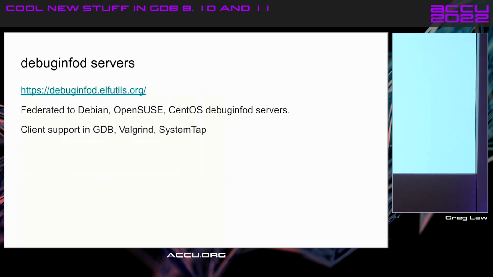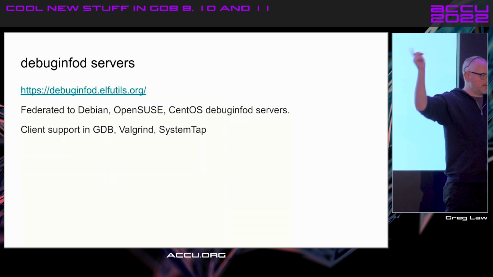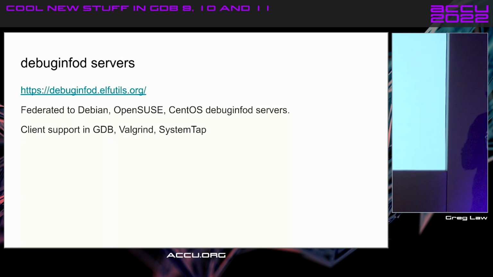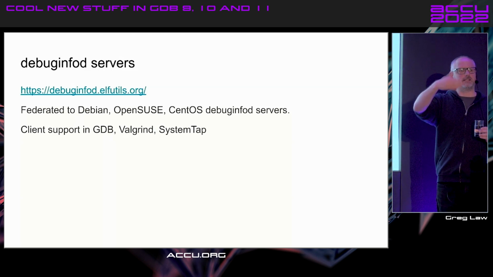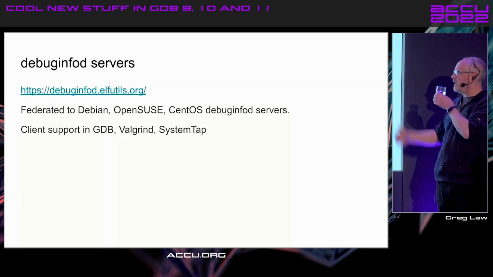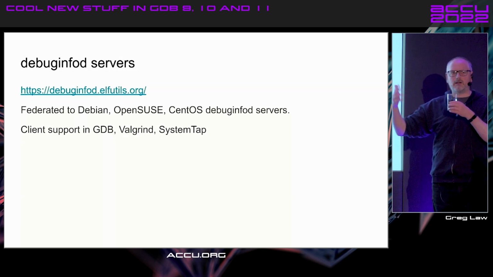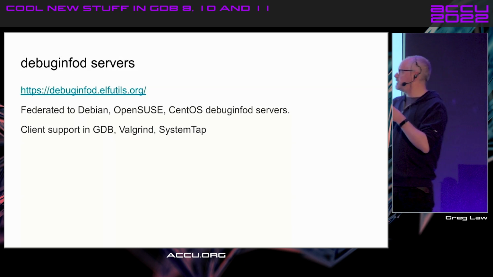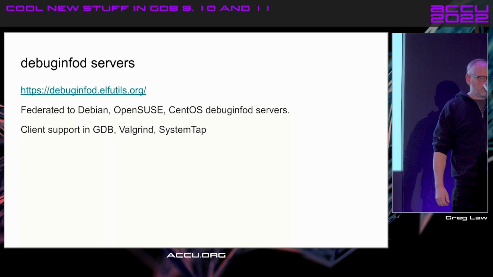And at elfutils.org, you can point your debuginfod URLs at this, and you can configure it as a kind of federated system. So that actually federates out to various distros. As far as I can figure out, Ubuntu not yet, but Debian and CentOS and openSUSE and others.